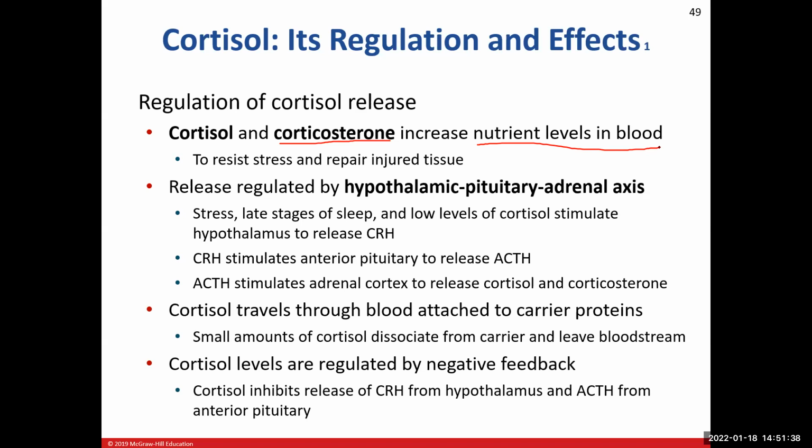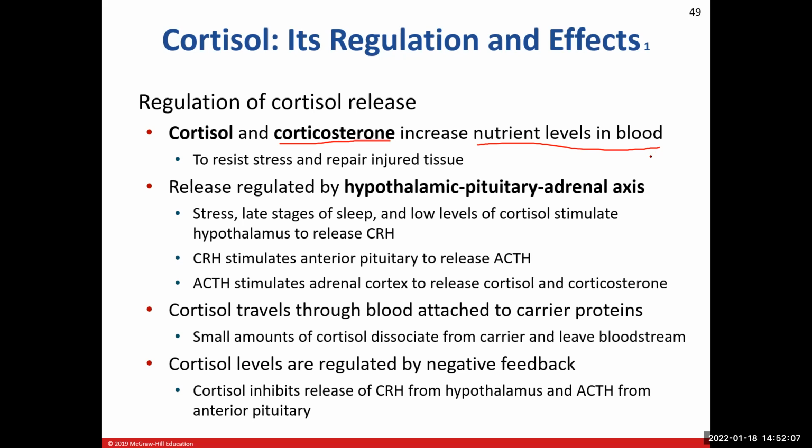I don't want you to think it's irreparable damage, but from a histological perspective, using a microscope, you'll notice that some of these tissues and cells get damaged. No problem. These hormones increase that nutrient release into the blood, which allows the cells and tissues in your body to repair any damage that may have occurred.